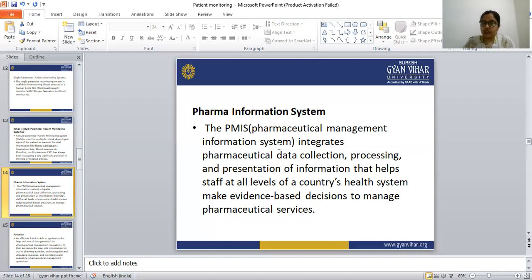When the pharmacist enters the prescription order in the computer, the system checks whether there is any drug interaction or drug-food interaction.